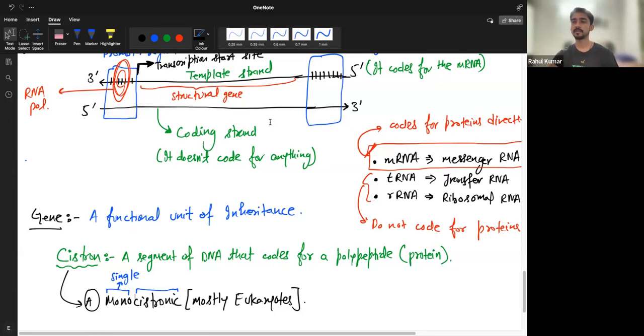Monocistronic structural genes code for a single polypeptide.